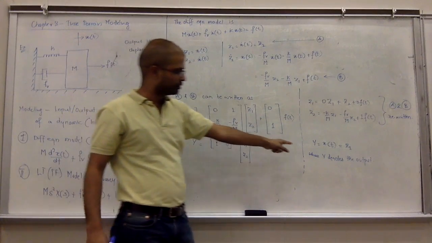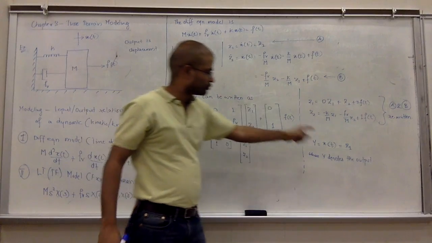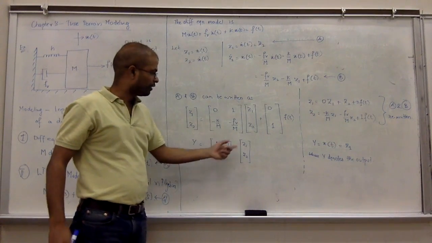So y is x of t, but x of t is z1. So I look at z1, and I have to follow this format.